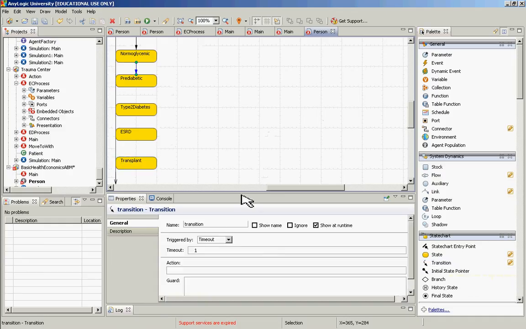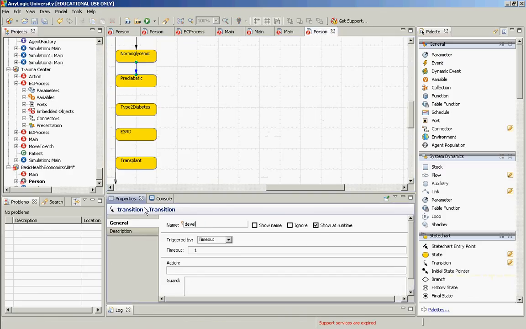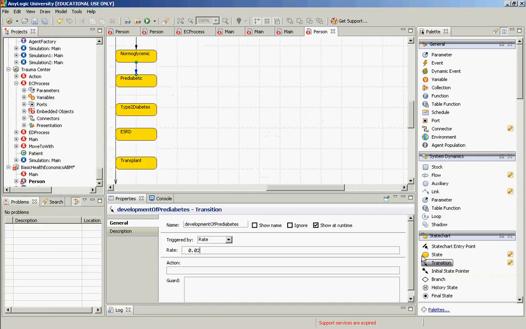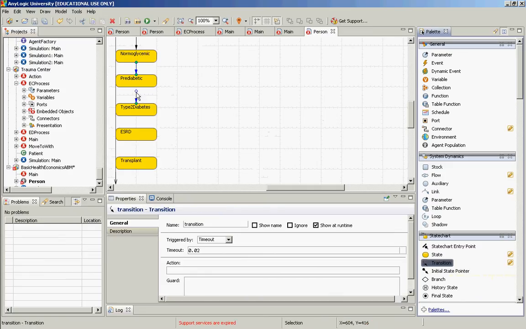I'm going to have a transition to development of prediabetes, and we'll have a rate here with a time constant, say, of 2, so an average time of 50 years before they develop prediabetes on average.